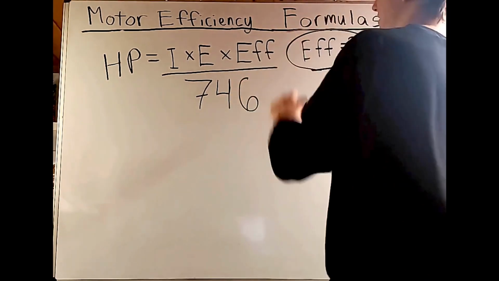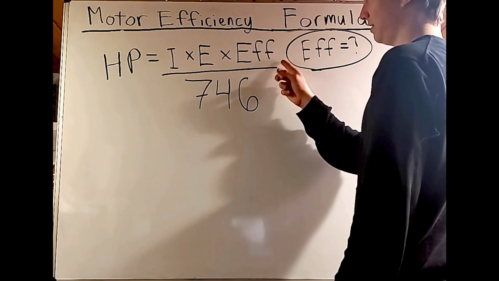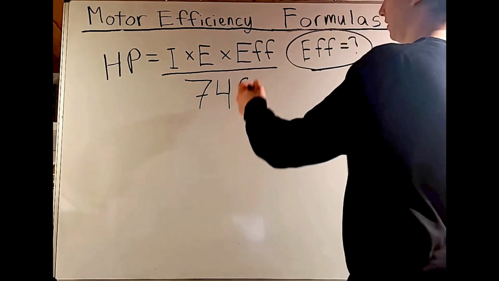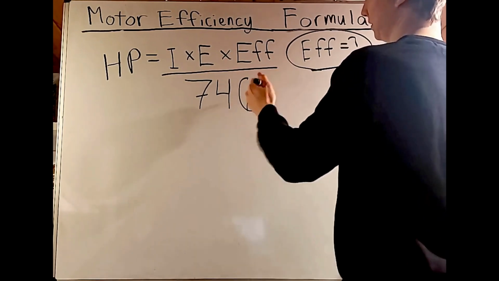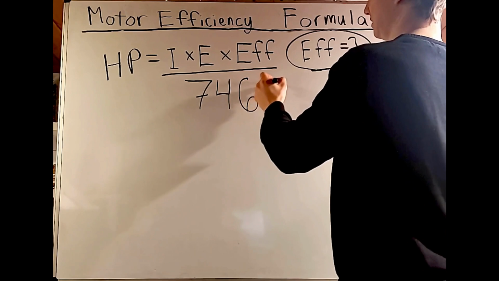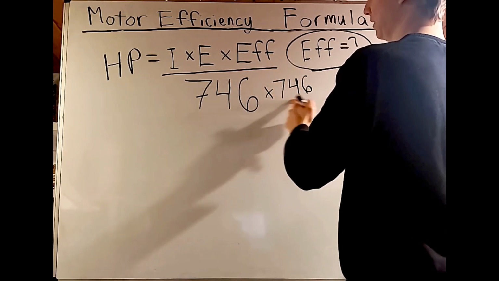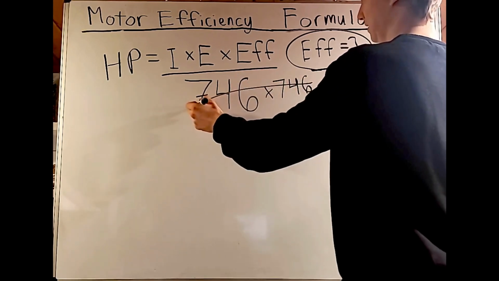Okay, so we want to isolate the efficiency. Of course, everything on the top is being multiplied. The product of that being divided by 746 is the horsepower. Therefore, we can't alter the top in any way without altering the bottom first. So let's get rid of the bottom by multiplying by 746 since it's being divided into 746, canceling that out.